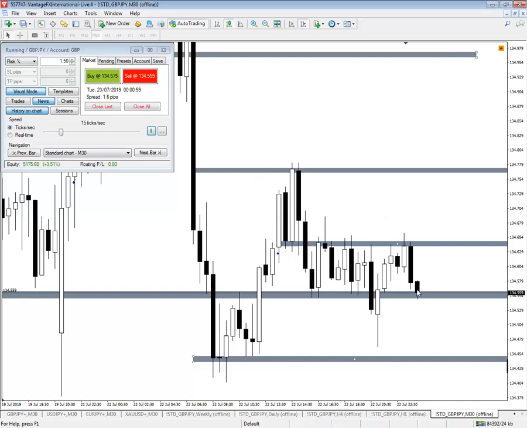May just get a ranging Asian session. Damn, pushing down there. No confirmations for any sells at this point. Gonna wait for this candle to close.